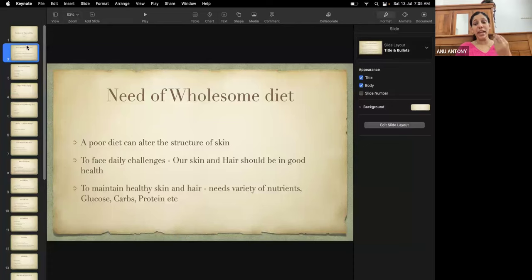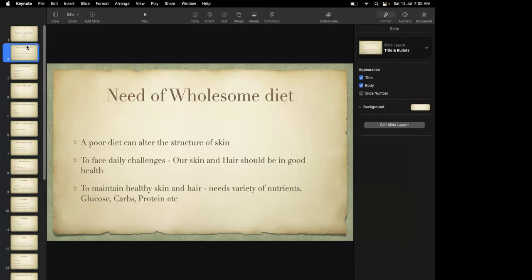And also diet helps a lot to face the daily challenges for skin and hair, such as exposure to dust, exposure to UV rays, and exposure to outside pollution and chlorine. So these things you have to keep in mind when you incorporate a diet.